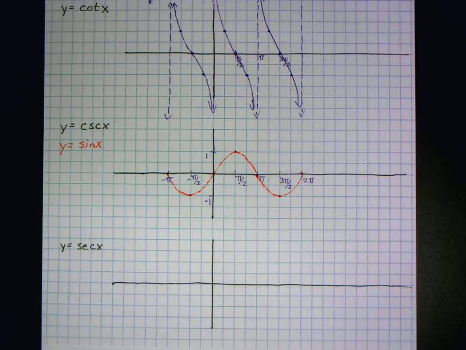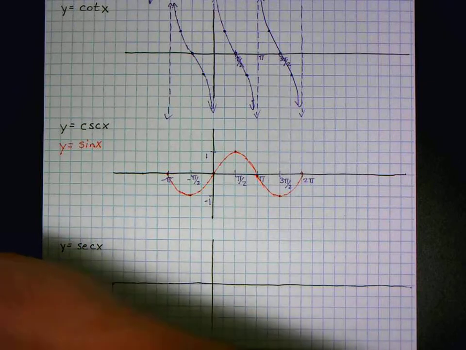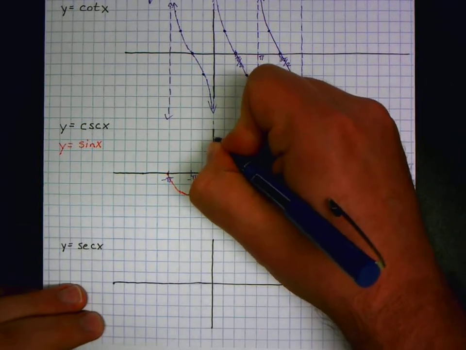Now, cosecant is the reciprocal of sine. So let me take those values and flip them over. So every place that has a 0 becomes what? Undefined. So every place I have a 0 is now an asymptote.